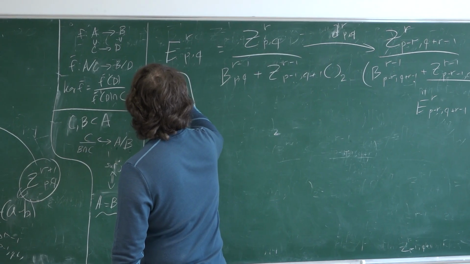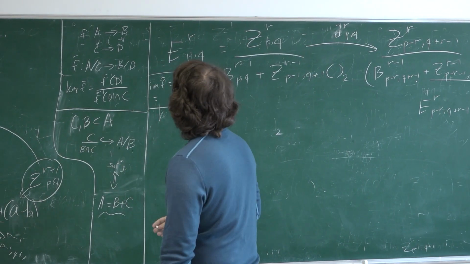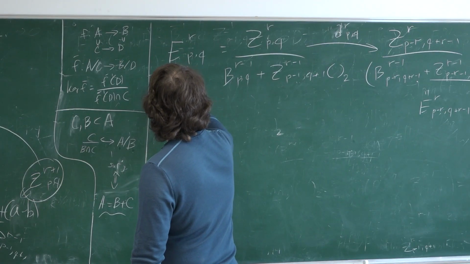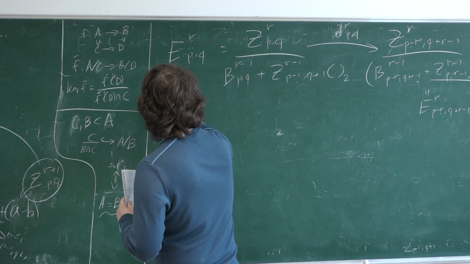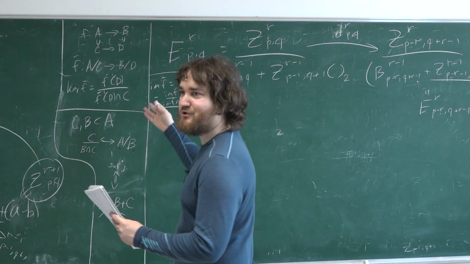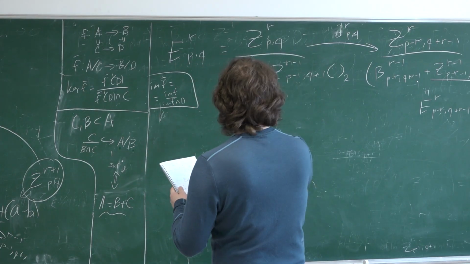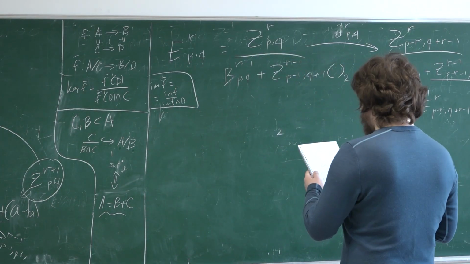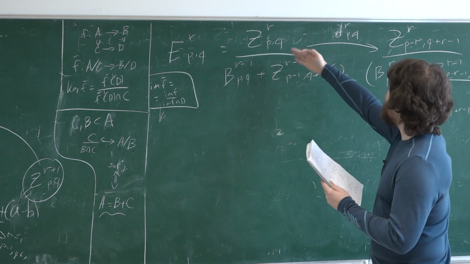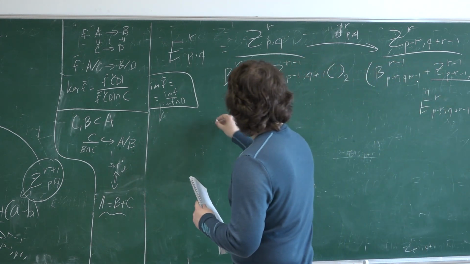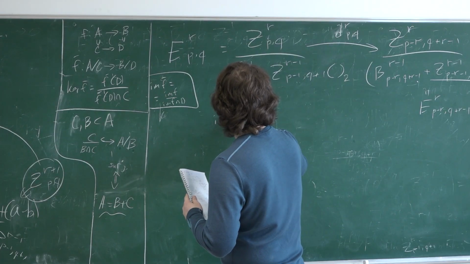It's the image of F modulo the intersection with D, yes? No, it's obvious. But the image of this map is by definition B. So the image of this thing.